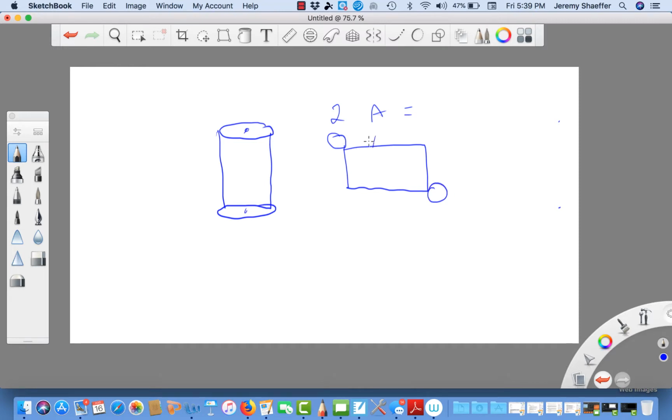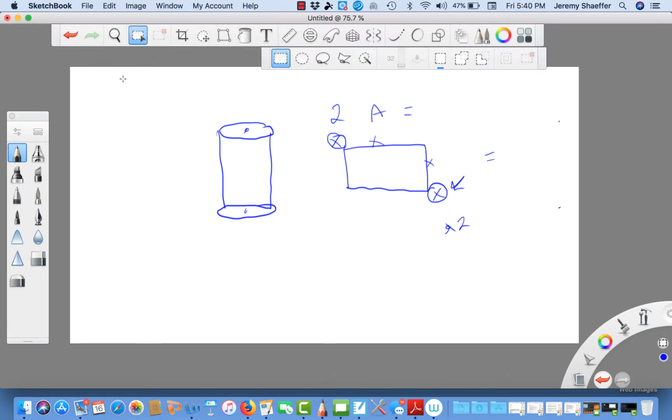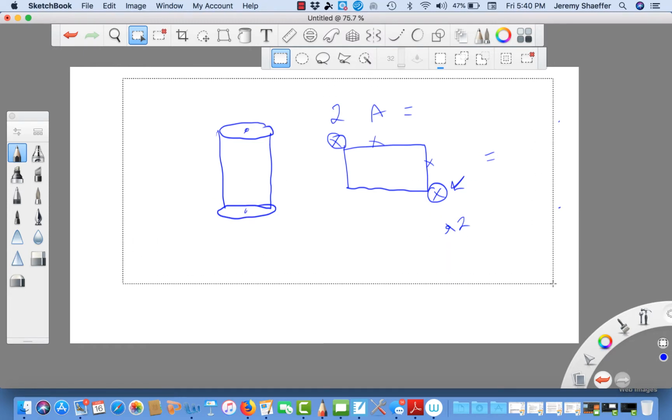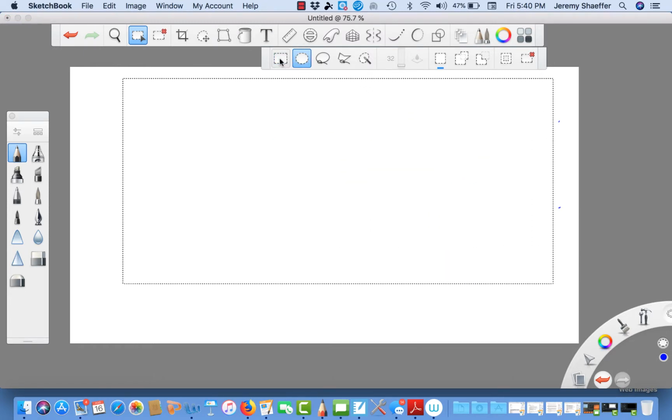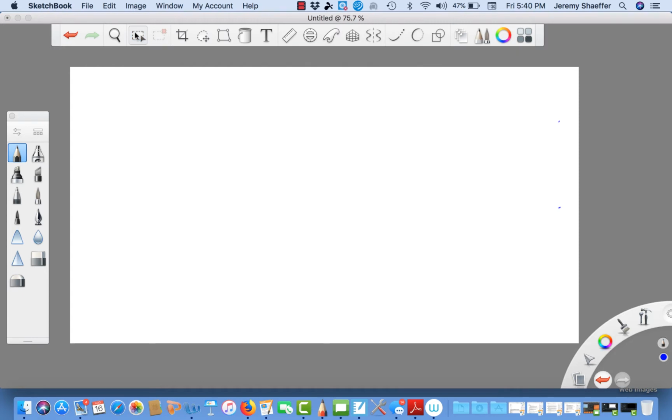So find out what the rectangle is as far as area, find out what a circle is, and then multiply that times 2, because you have 1, 2, add them together, and you've got your area easily found, okay? So again, break it down into simpler things so that you don't have to worry, am I going to get this right? Is it going to work? Okay?